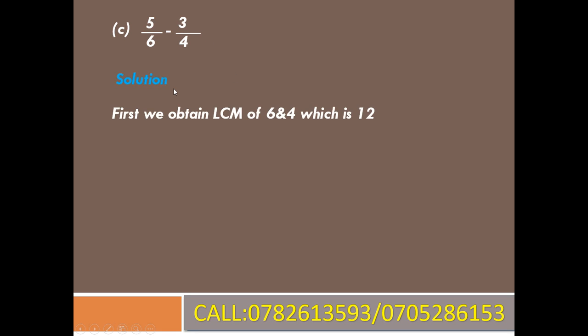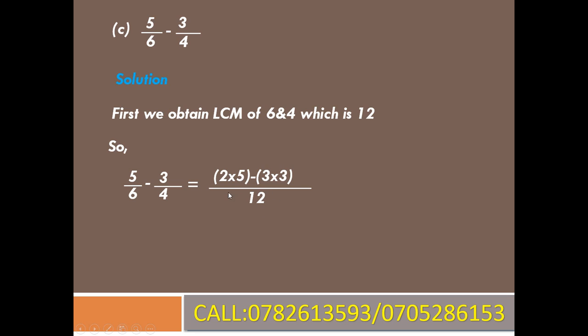What do we do? First obtain the LCM of 6 and 4. That is step number 1. And the LCM of 6 and 4, if you calculate critically, it will be 12. Not 24, but 12. So 12 divided by 6 gives us 2, times 5.